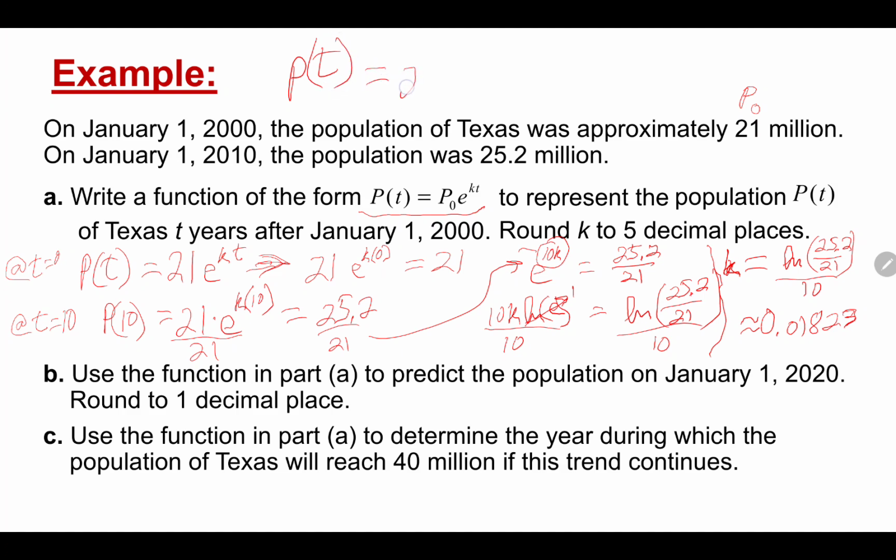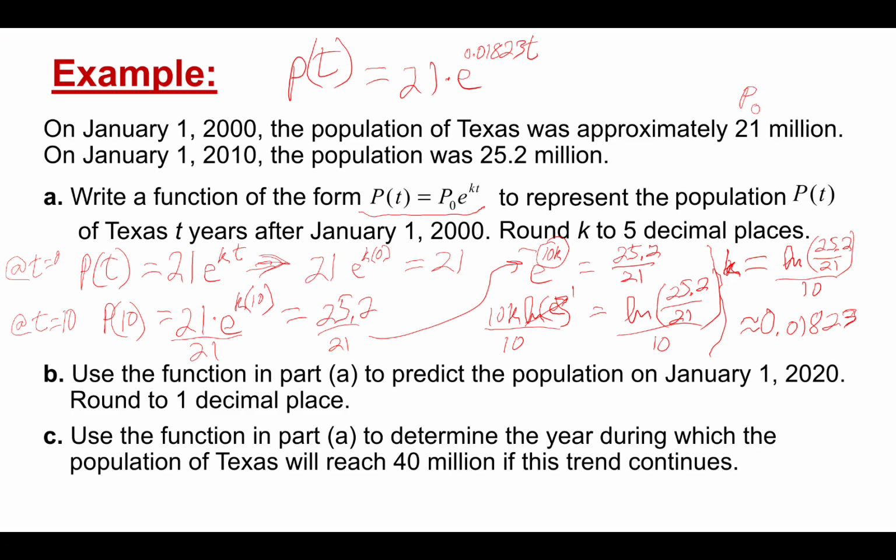It is 21 times e to the 0.01823 times t. That is the real function. This is the growth rate of the population of Texas. At some point it'll follow this for some period of time, and then it'll probably have to have a new function.